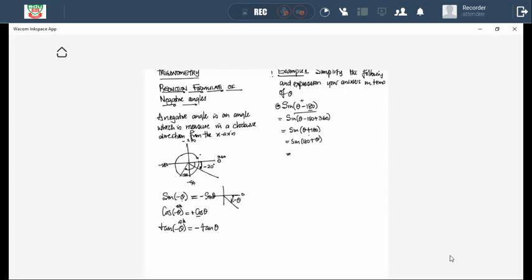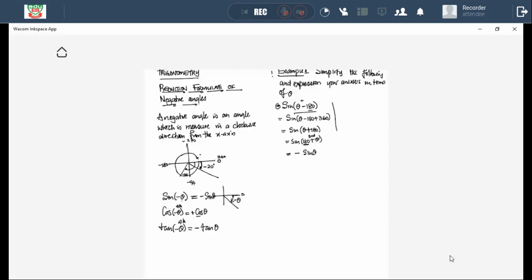Sine 180 plus theta is in the third quadrant. What is sine in the third quadrant? In the third quadrant, sine is negative. But where is the function coming from? 180 is on the x-axis. This we did in the previous class. So you are going to maintain, since it comes from the x-axis, remember, you keep the same trigonometric ratio. So this will be negative sine theta. You simplify that.